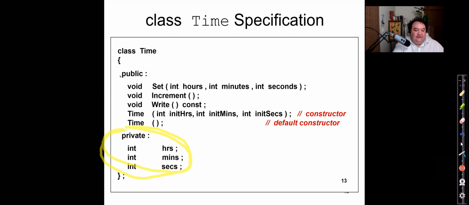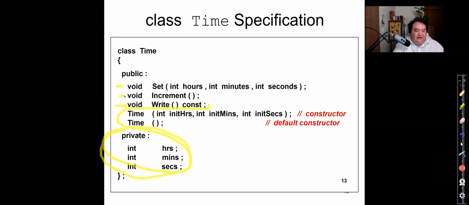And then the public-facing part is a set of methods. We saw, for example, write. We make it const because it's not meant to modify anything. We have two constructors, which are the functions that are called at the declaration of a variable, one without parameters and one immediately setting a certain time.